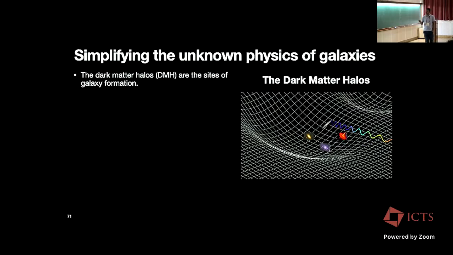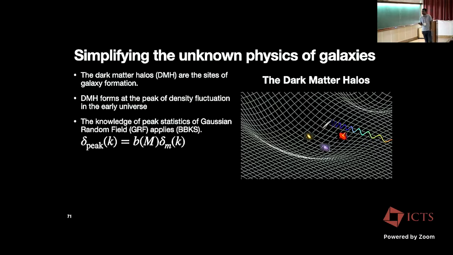Within this dark matter halo, there are many galaxies of different kinds living in it, emitting light, and that's what we are observing and tracing. Dark matter halos are expected to form at the peaks of the dark matter density distribution, and those are good sites for galaxies to form.